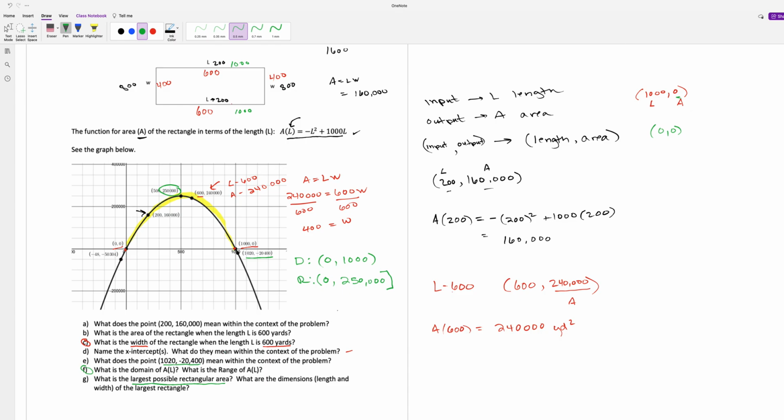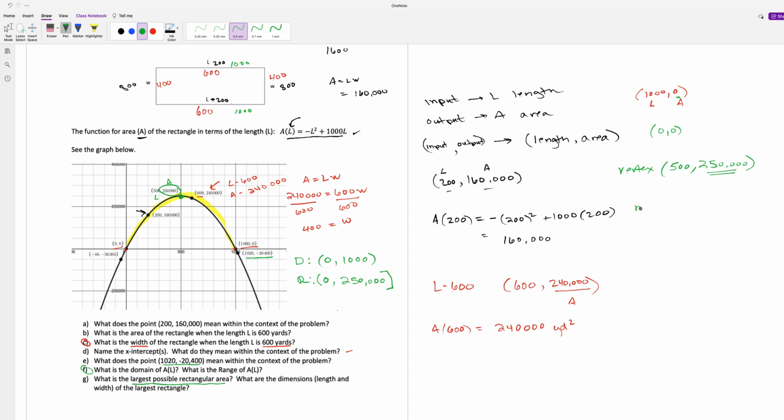If I'm being asked for the largest, I'm focusing on that vertex point, because that's going to tell me the length that is going to give me the largest area. So when I'm focused on that vertex, that's (500, 250,000).